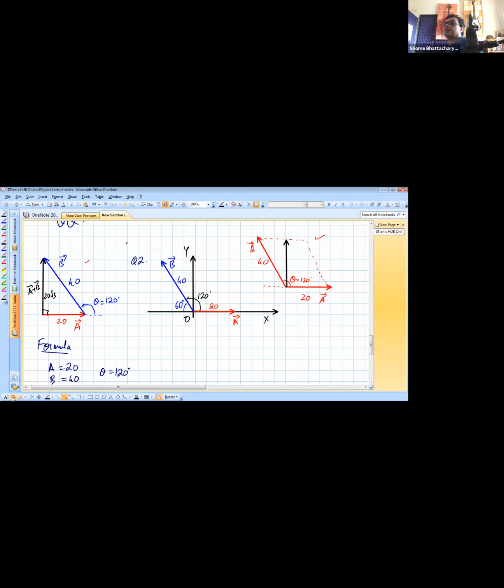So in fact, my parallelogram would look something like this. It should be a bit shorter, so that it's roughly speaking a little bit like this.